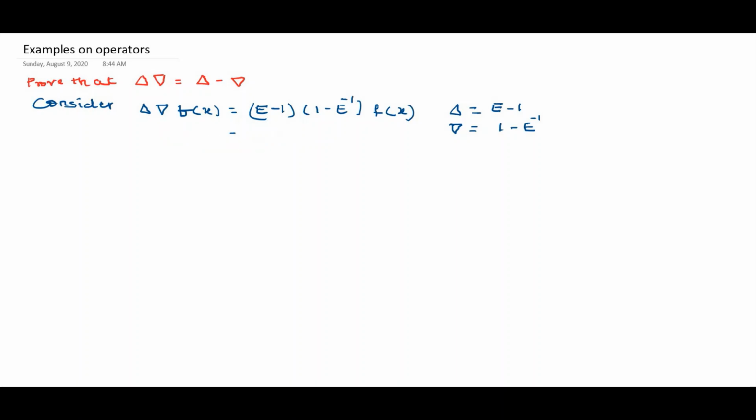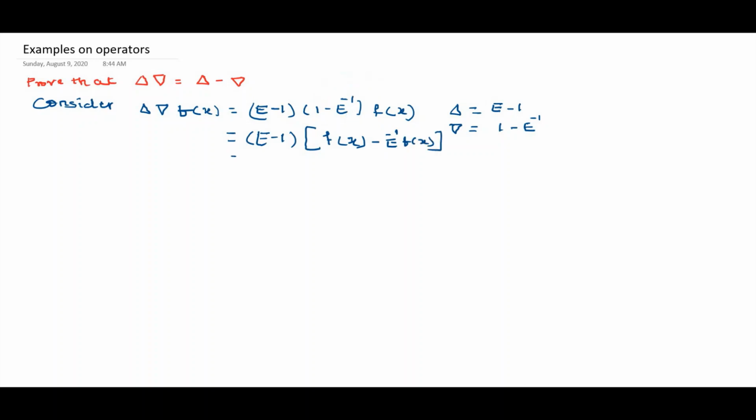Now first I will write this e minus 1 as it is. Now multiplying f of x into 1 is equal to f of x, minus, and f of x into minus e raised to minus 1 is equal to minus e raised to minus 1 f of x.